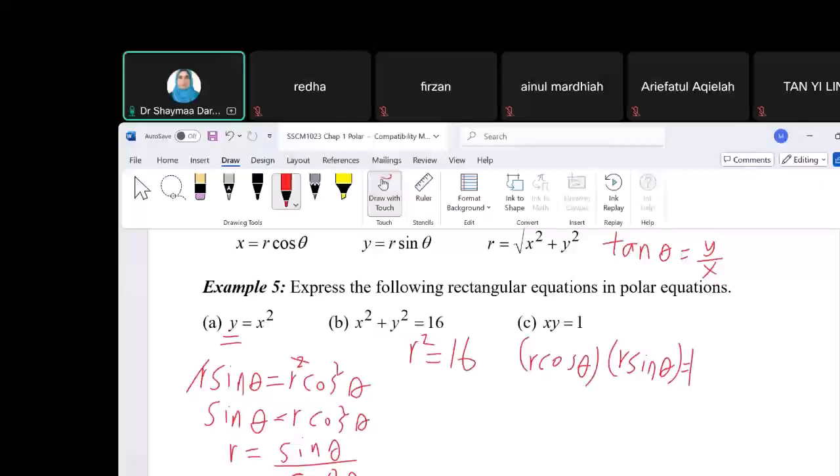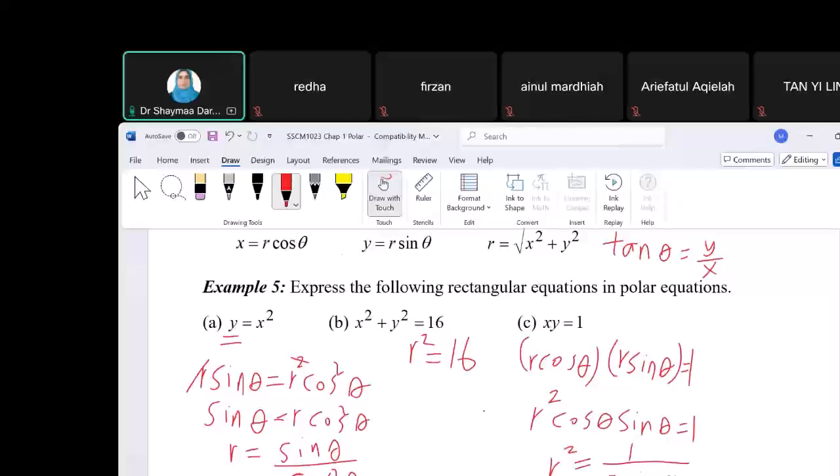So here r square cos theta sine theta equal to 1. Which means that r square will be 1 over cos theta sine theta.